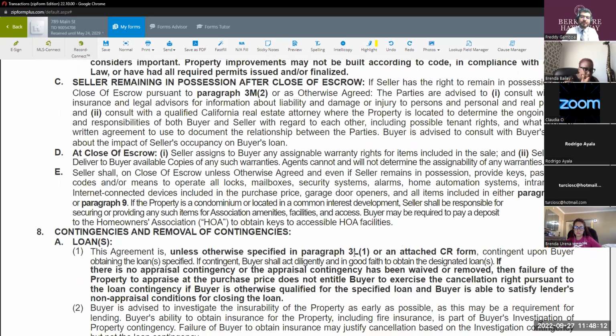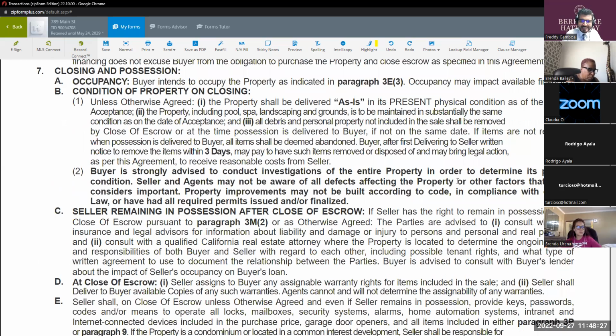Now, if the seller doesn't want to pay for any repairs, then you can put on your counteroffer: Seller will not pay for any repairs or credit back to the buyers. That's how I would respond. Yes. But then again, no need to put sold as is because it's as is already. You could put seller shall not pay for any repairs or credits at all.